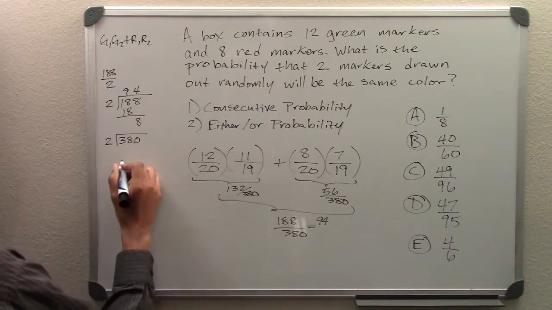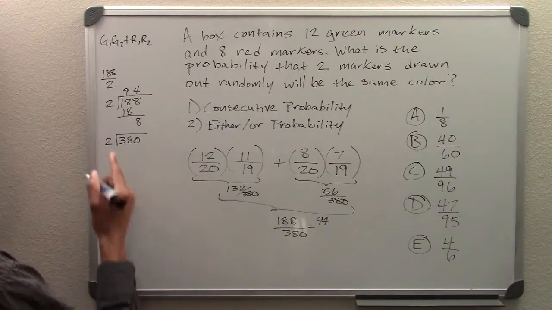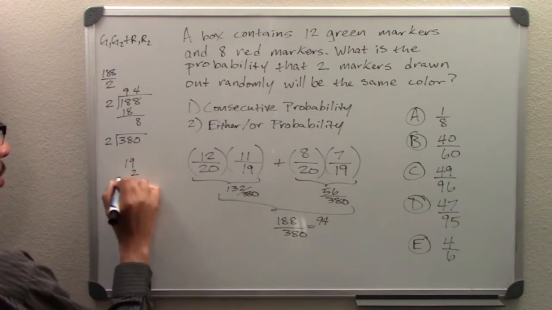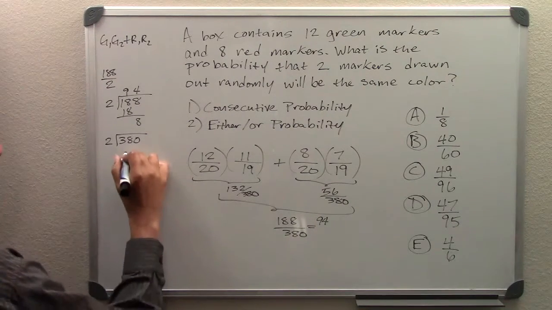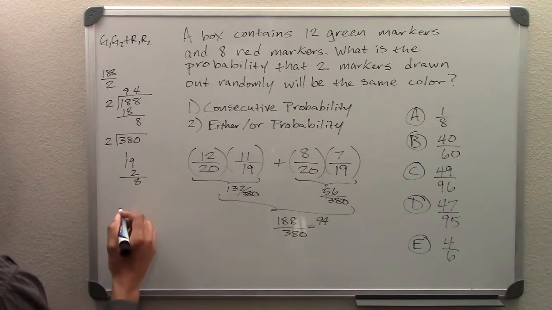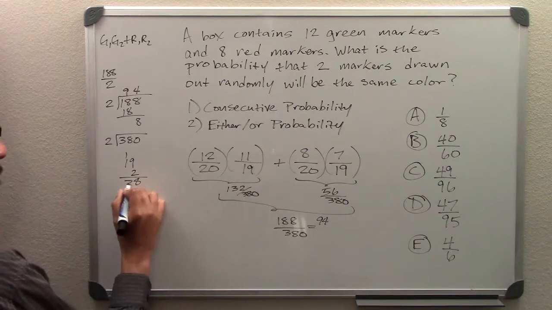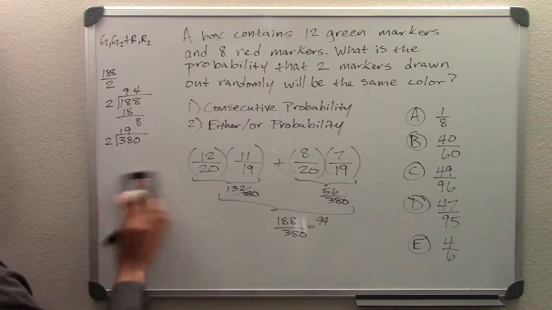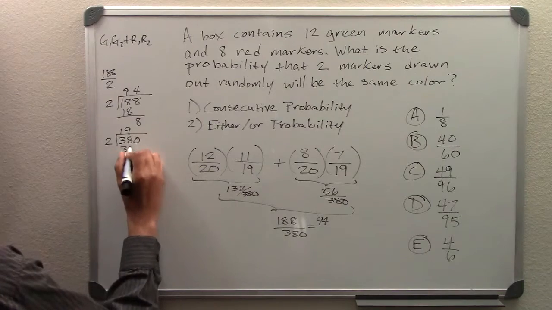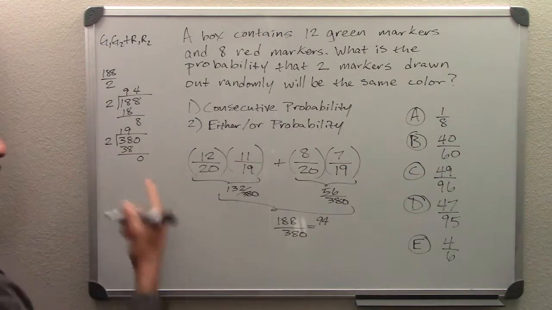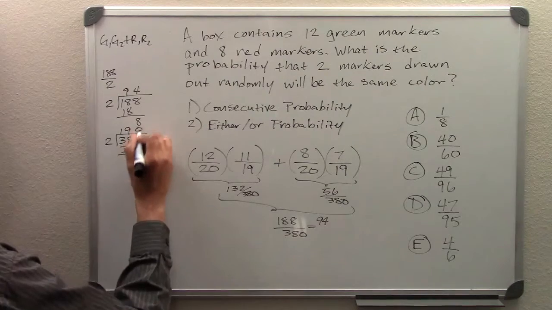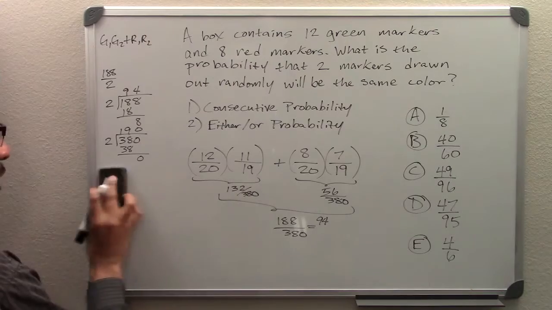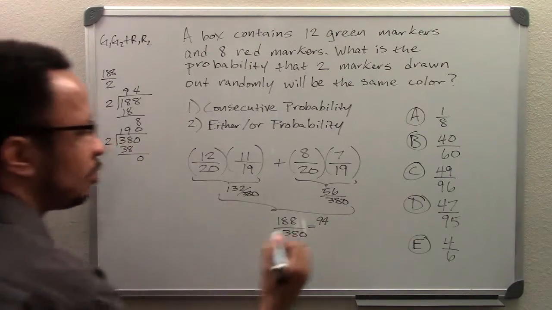Well, 2 times 20 is 40, so 2 times 19 should be 38. Let's check that: 2 times 9, 18. Carry the 1. 1 times 2 is 2, plus 1 is 3. 38 indeed. So we put 19 there. It gives us 38. Bring down the 0. 2 goes into 0 zero times. And so now our denominator is 190.